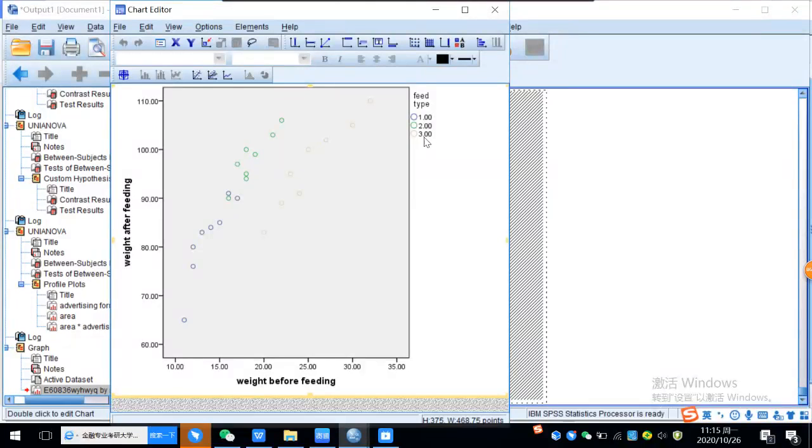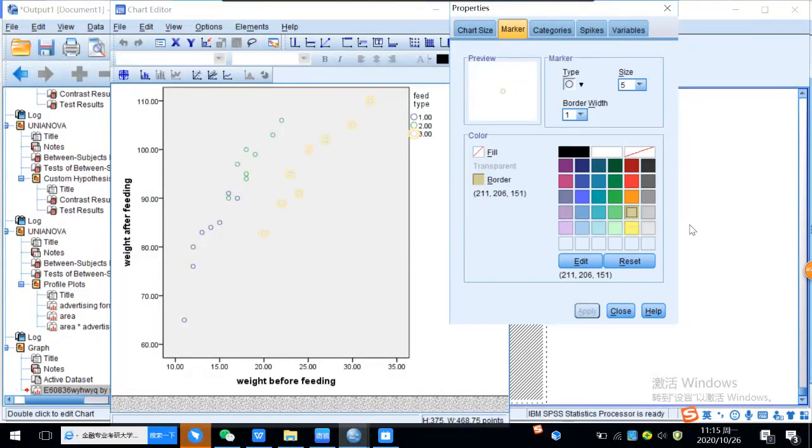For feed type 3, I would like to change the color into purple, the marker type into a triangle, and the border width to be thicker.